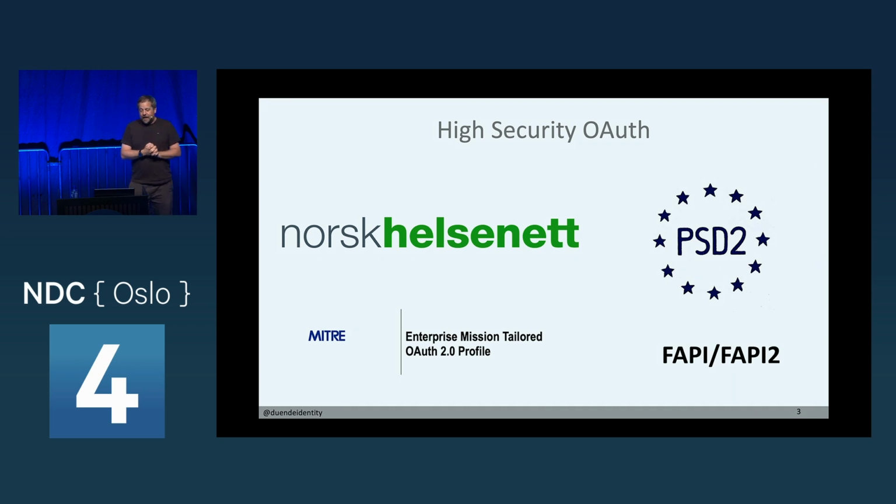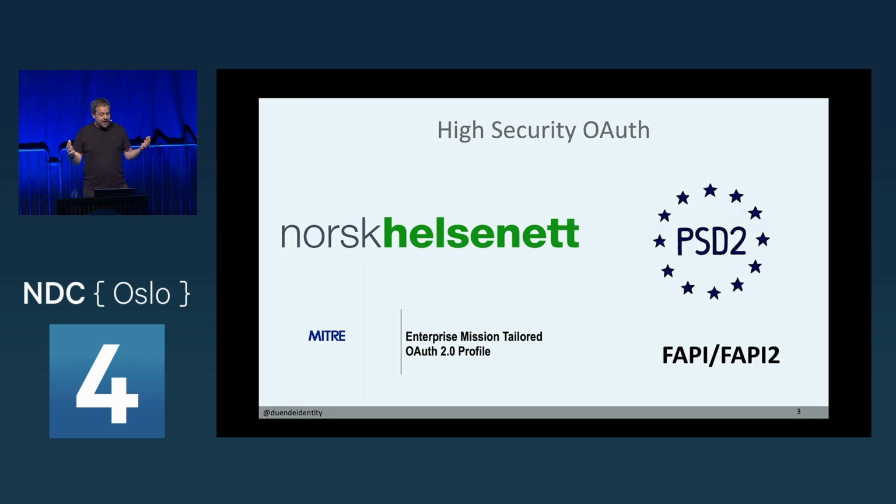And it turned out that the way it was specified back then was secure enough for most parts, but there were certain industries that looked for more security in OAuth. And that is the banking industry, first and foremost. So there's the FAPI standard. FAPI stands for Financial APIs, or they renamed it recently to Financial Grade APIs.